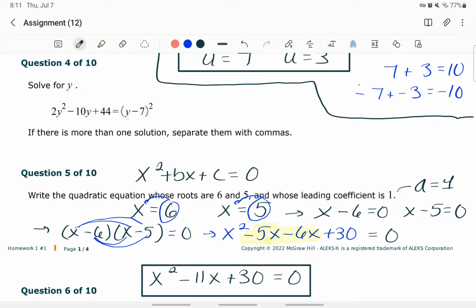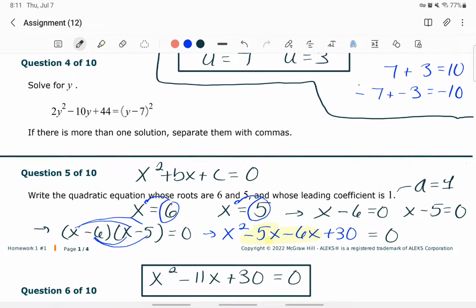The first thing is first, I want to take care of this y minus 7, let's put a line here so we can break the page. This y minus 7 being squared is equal to y minus 7 times y minus 7, right?